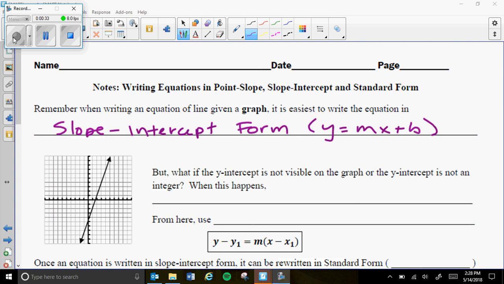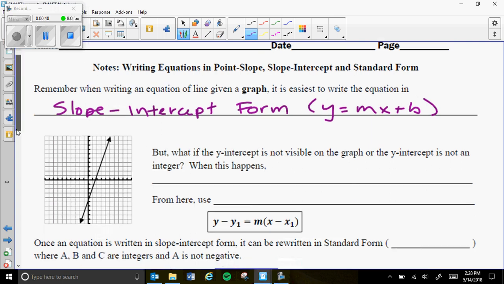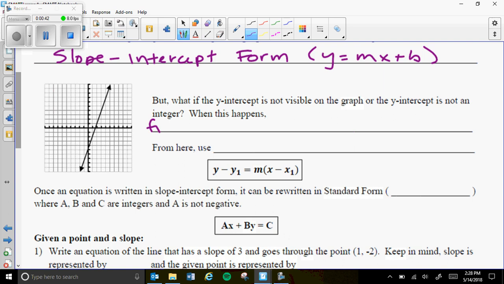But what if the y-intercept is not visible on the graph, or the y-intercept is not an integer, if it's a fraction or a decimal? When this happens, find the slope at any other point on the line.